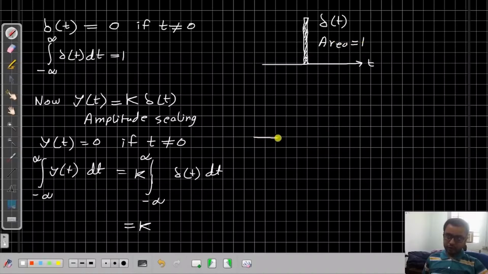Now if I plot time versus k times delta(t), then that will be k times taller than delta(t). So the height is increased by a factor of k. This is k delta(t), and the area will be k times 1.